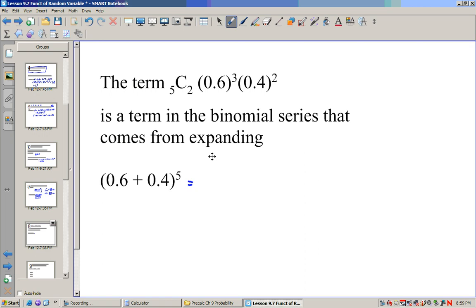using the properties we learned earlier. We do 0.6 to the fifth.